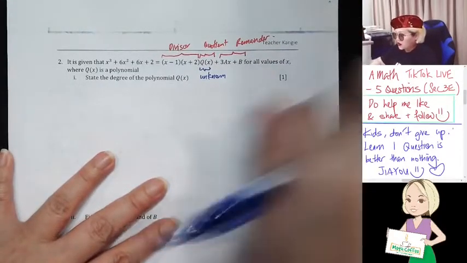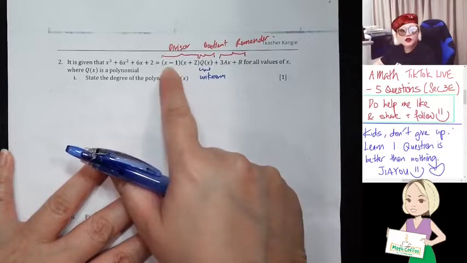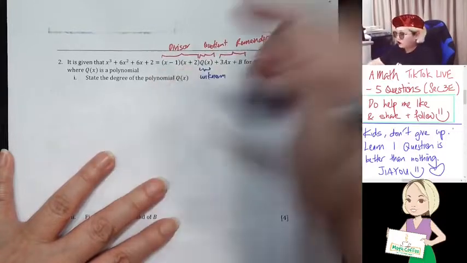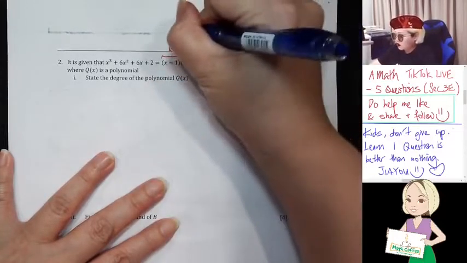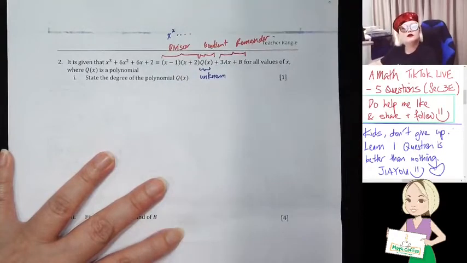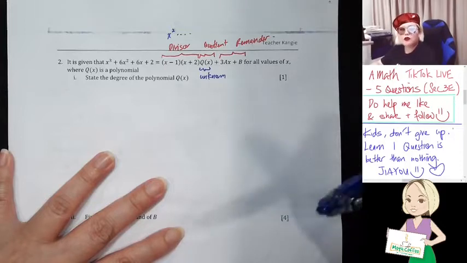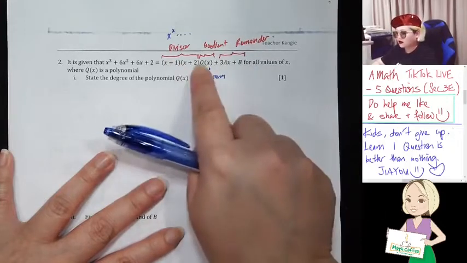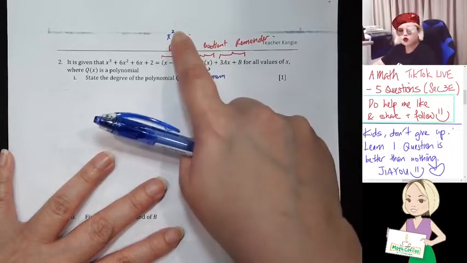So you see, this is the divisor. If I expand this, do you agree that I will get x squared something? No need to expand, I just want to know the degree of the divisor. So my degree of the divisor is 2.